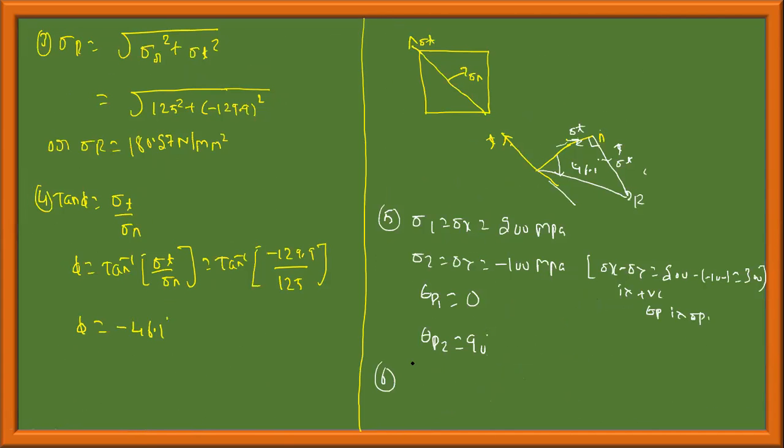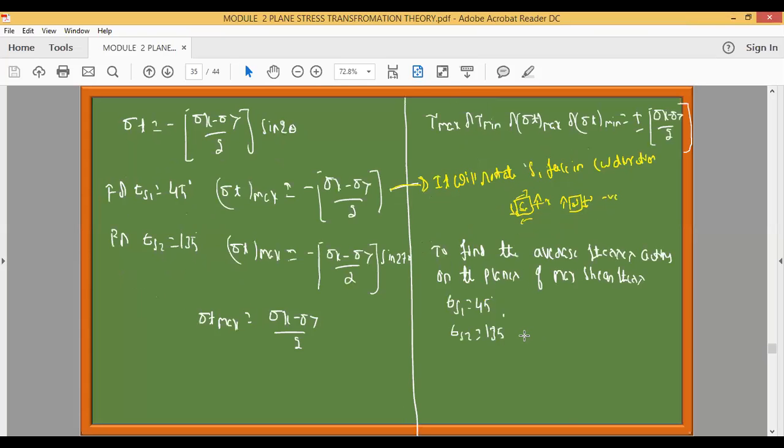The tangential stress is given by, give me a moment. Theta s1 is at an angle 45 degree, theta s2 is at an angle 135 degree.